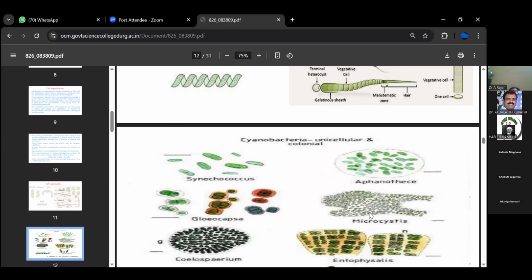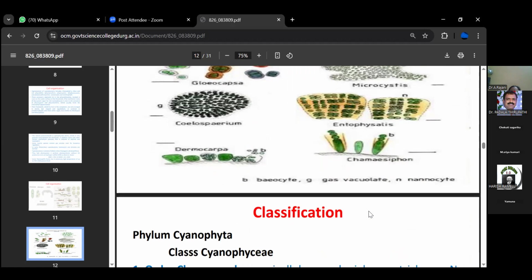In case you drink that type of polluted water, it causes indigestion problems and attacks like cholera. That is a very dangerous and toxic cyanobacteria. Where there is pollution in the water, you can observe this Microcystis.